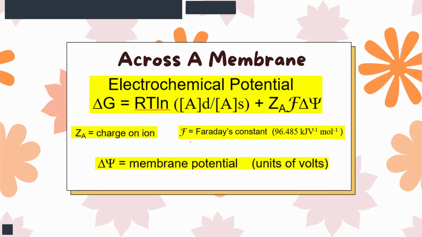Delta G equals RT ln of the concentration of our species in the destination versus in the source, plus Z sub A, which is the charge of our ion, times Faraday's constant, 96.485 kilojoules per volt mole, and then delta psi, which is our membrane potential.